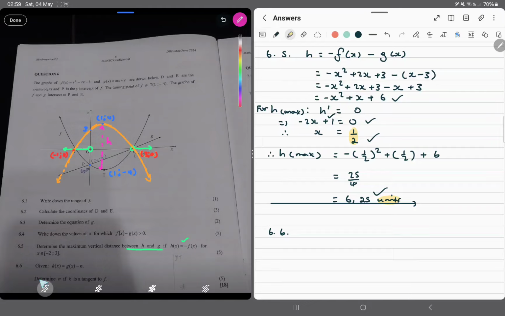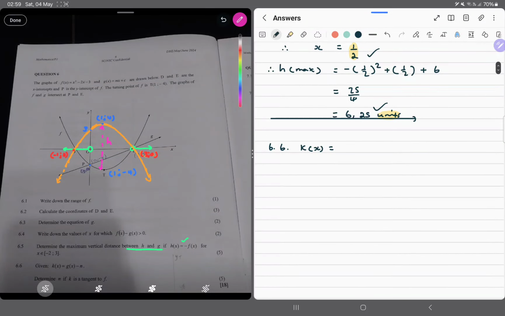Now, what is the story here? It says, given k of x is equal to g of x minus n. So we've got k of x is equal to g of x minus n.